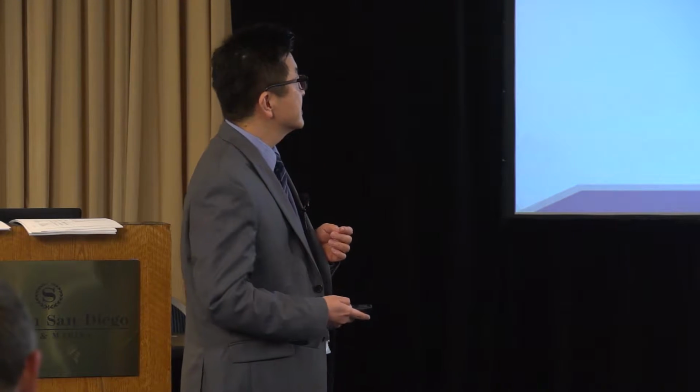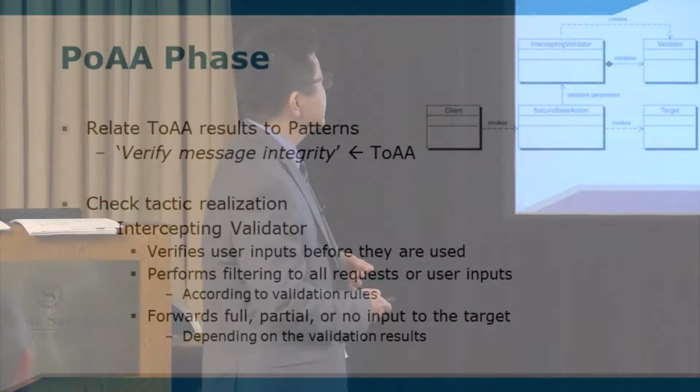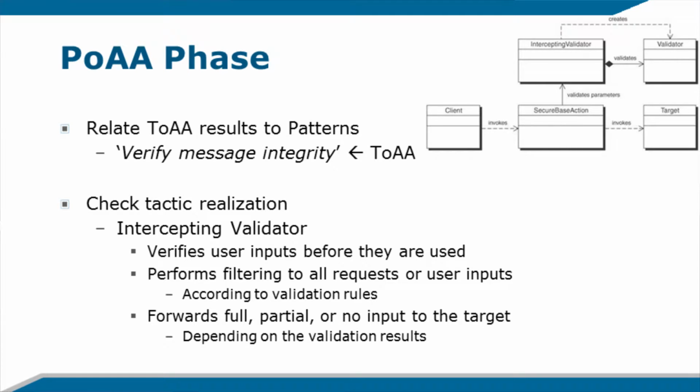Then we moved on to the pattern-oriented architecture analysis. During this process, like I said earlier, we are trying to see if the original tactic got further developed into a more concrete idea of a pattern. In this case, the tactic was verifying message integrity, but we wanted to see if the architect thought about developing this idea further into a specific pattern, which is, in this case, intercepting validator.